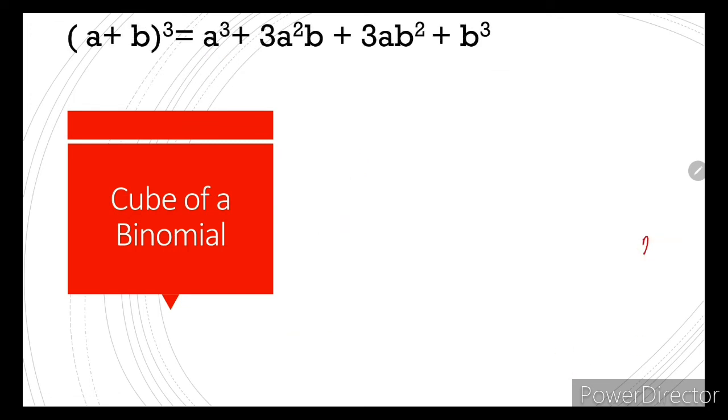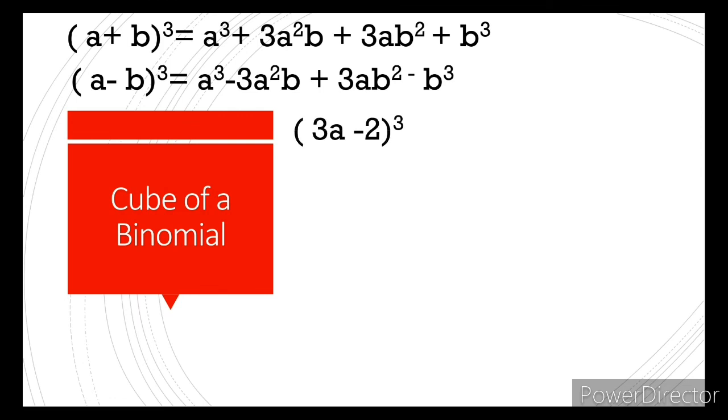Another example. We have (3a − 2) cube. Okay, so ang gagamitin natin dito ay ito, since negative yung given niya. So, negative din. Then, we will find the first term. So, ang first term natin is 3a. And our second term is 2.